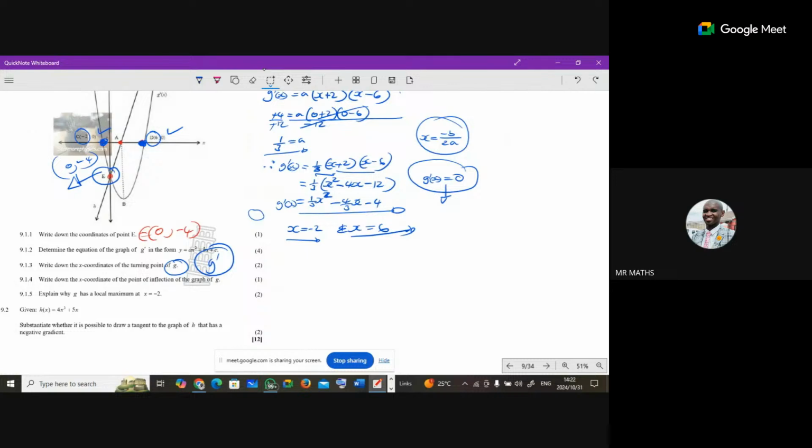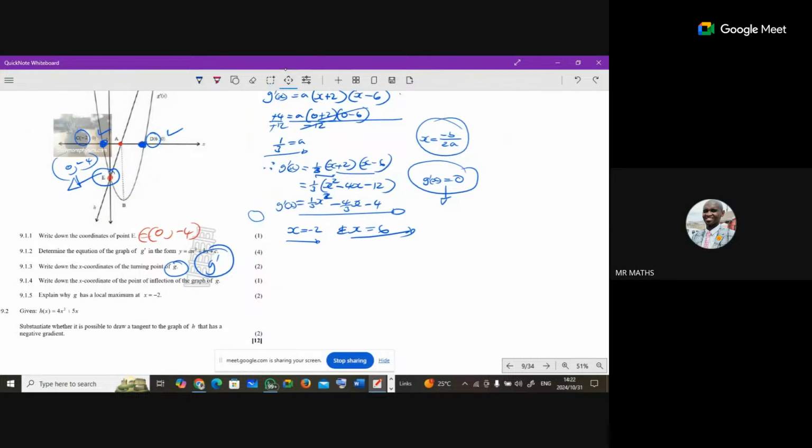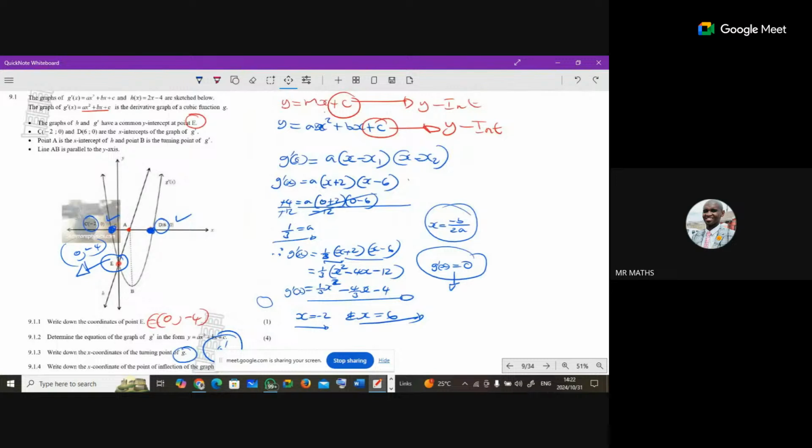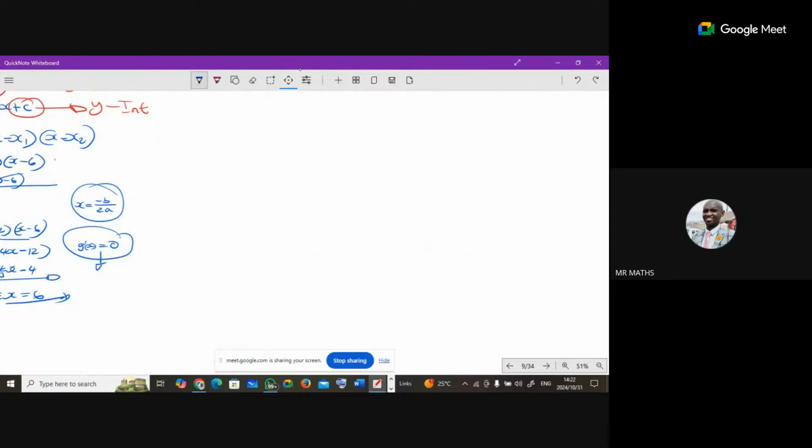Now let's come back to: write down the x coordinate of the point of inflection of the graph. How can we get the x coordinate of the point of inflection? We have a cubic function.